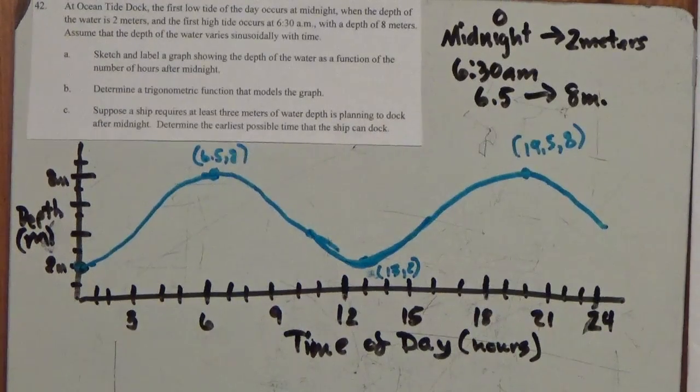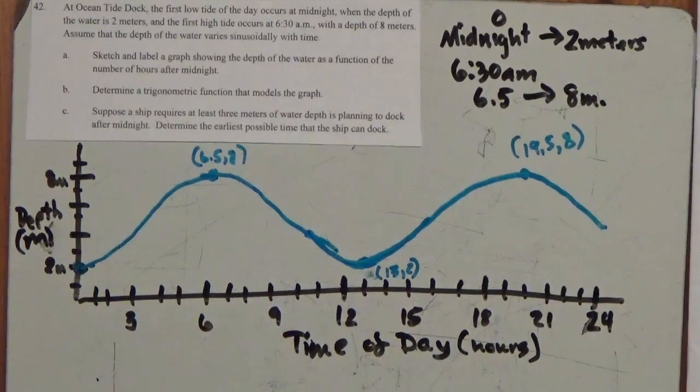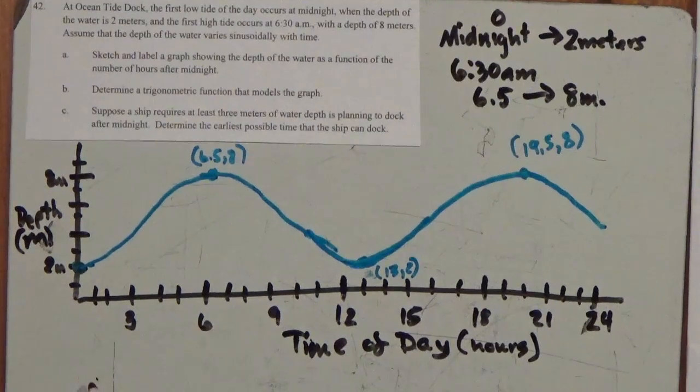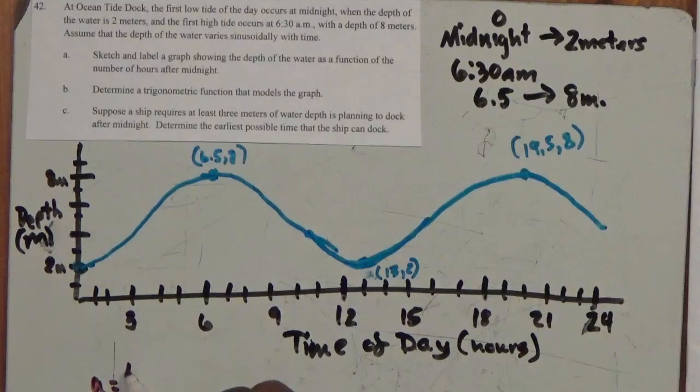Next thing. So we sketched and labeled a graph showing the depth of the water as a function of the number of hours after midnight. Determine a trig function that models the graph. So here we go again. We're going to start with A. A is equal to your max height, depth, minus your min, divided by 2.